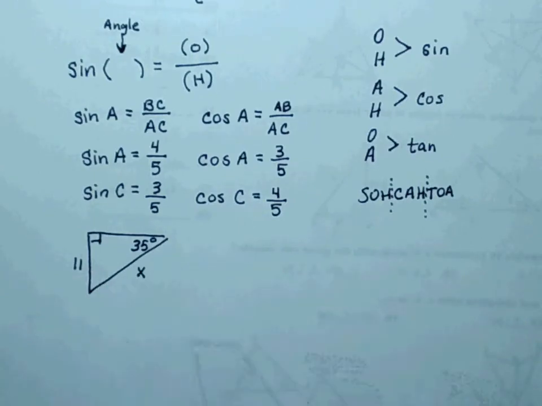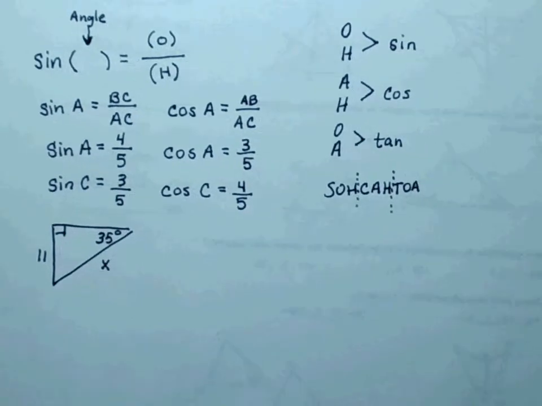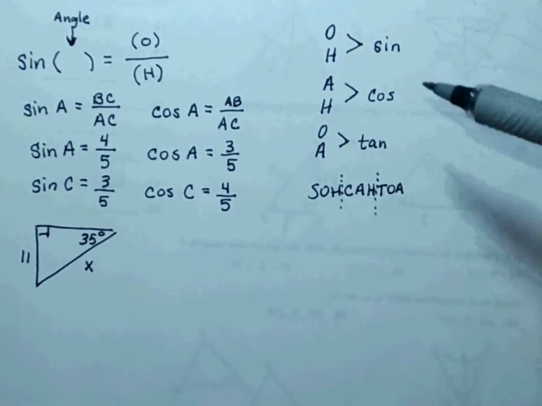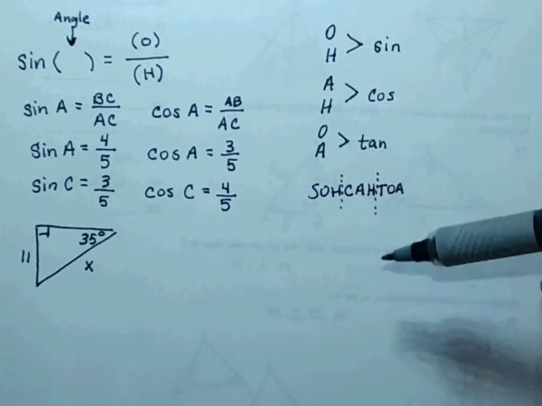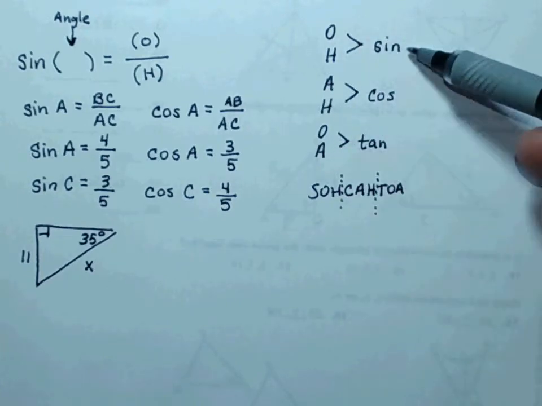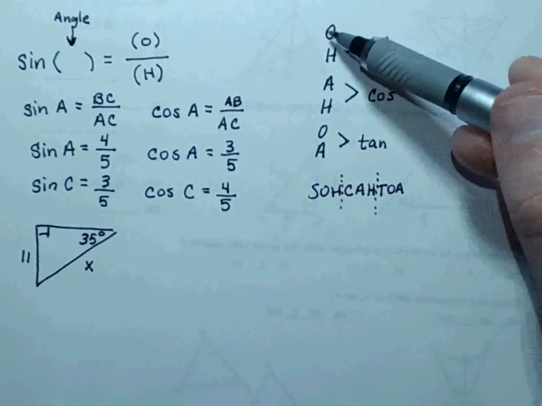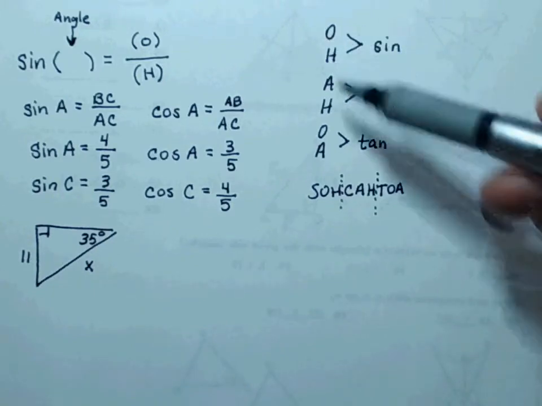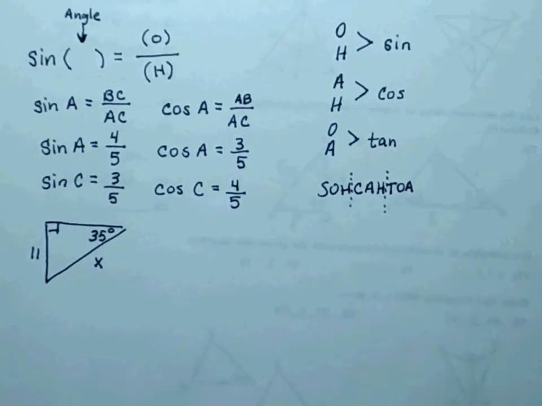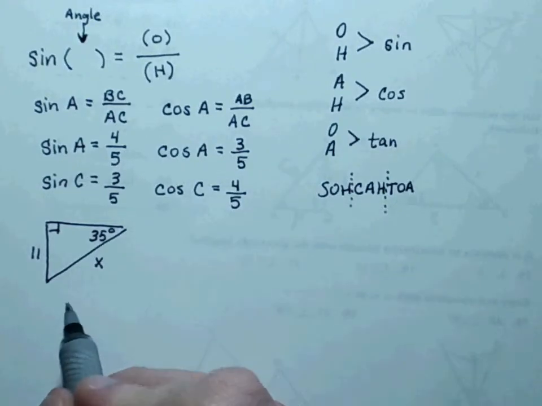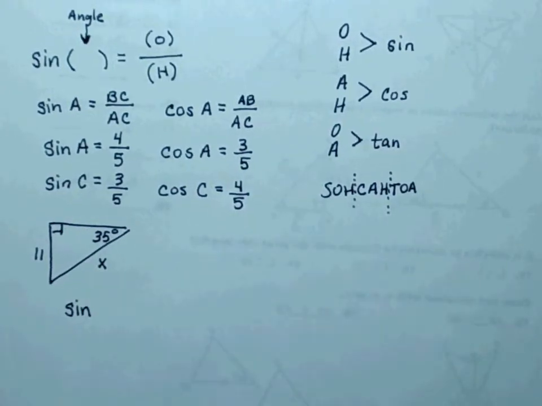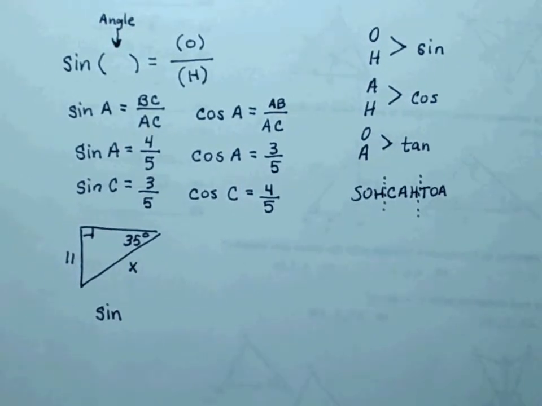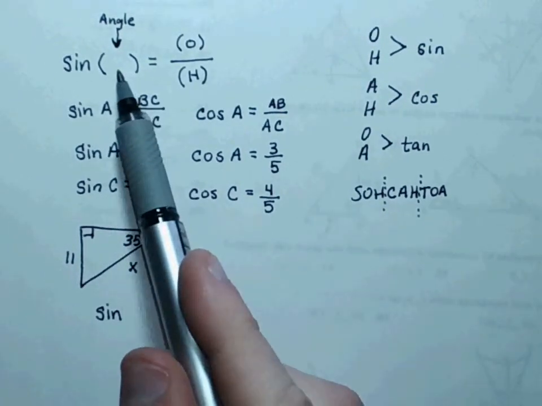So if I have the opposite side and the hypotenuse, I have to look up here and see which of these I'm going to use. I see I'm going to use sine, because sine is opposite over hypotenuse. So I'll write down sine. Then what comes next? We talked about it up here. The next thing we put is the angle.